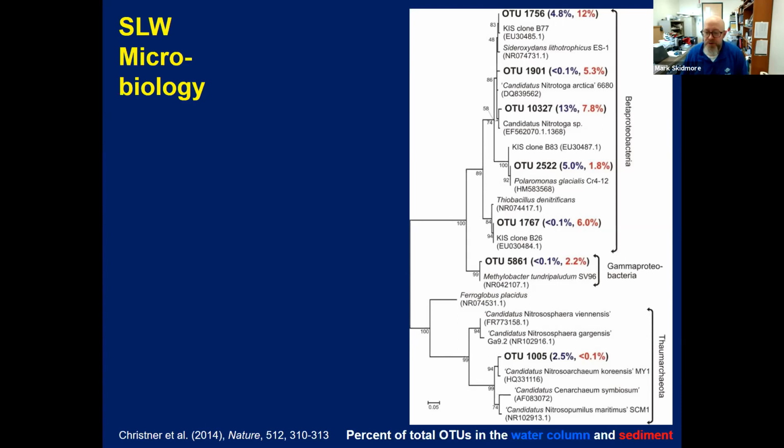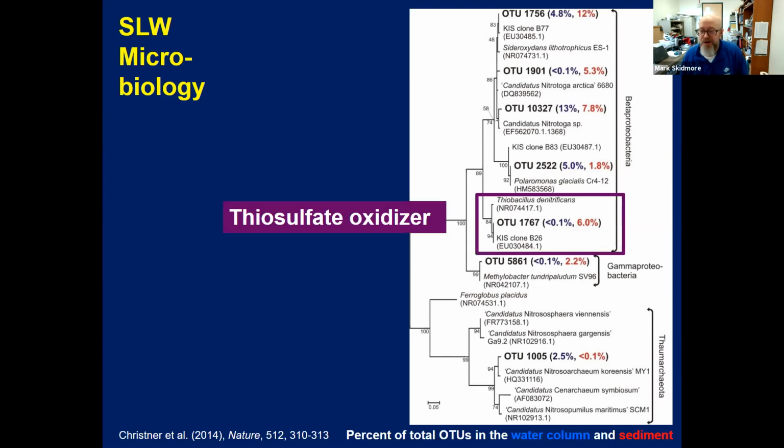What we're going to focus on is OTU 1767, very closely related to our Thiobacillus denitrificans. This is about 6% of the community in the superficial sediments.